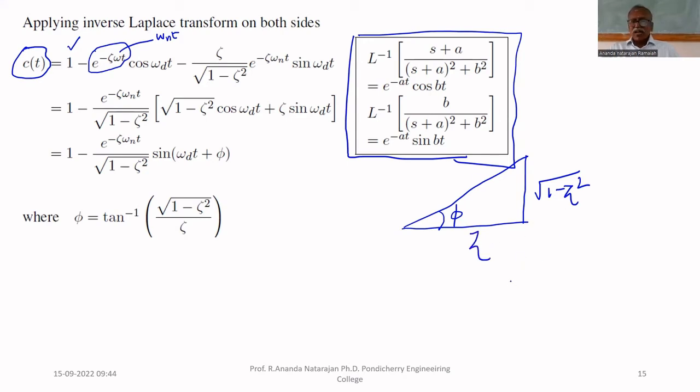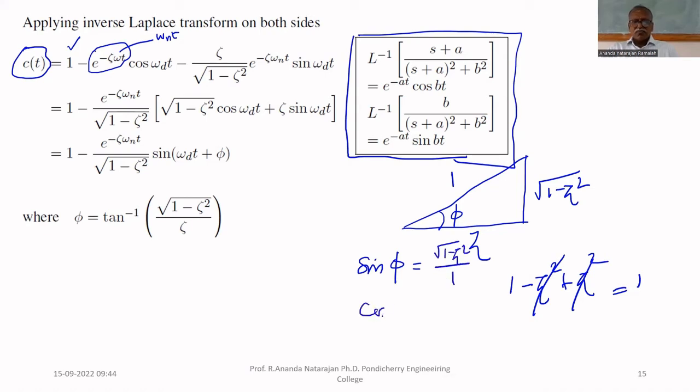Sum of squares of these two: 1 minus zeta square plus zeta square, that is equal to 1. Therefore, the hypotenuse is 1. Therefore, sin phi can be written as square root of 1 minus zeta square upon 1. Similarly, cos phi equals adjacent side upon hypotenuse, zeta. Therefore, tan phi equals opposite side upon adjacent side.